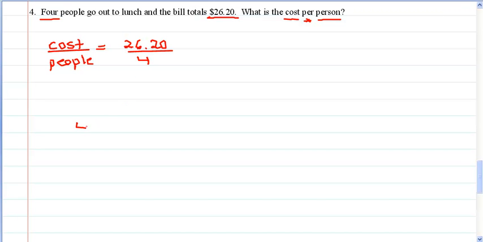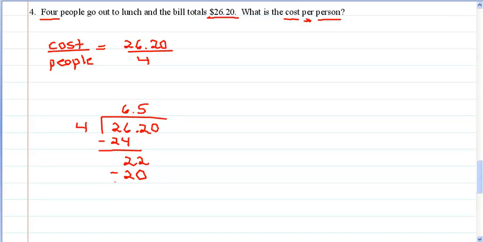And if I take 4 and divide it into 26.20, I get $6.55 over 1.